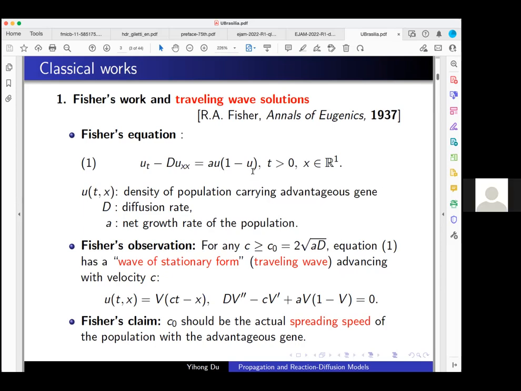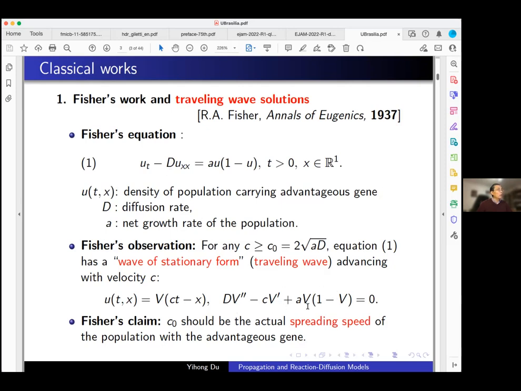And Fisher noticed that, to solve this partial differential equation, you can look for a special kind of self-similar solution. And then, if you look for such a self-similar solution, where v is a one-variable function, you substitute this into equation 1, and then the PDE becomes an ODE.